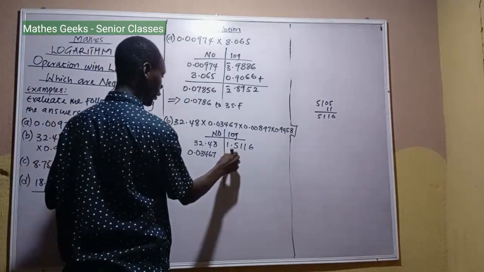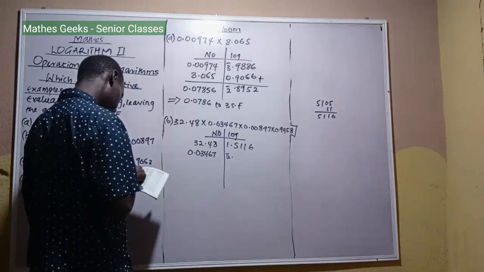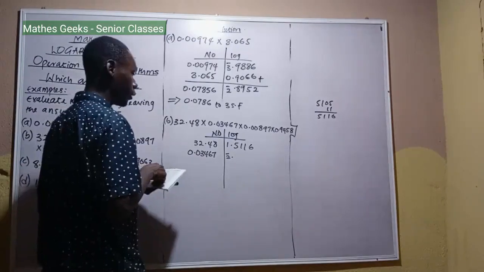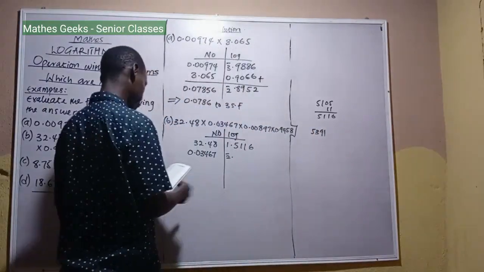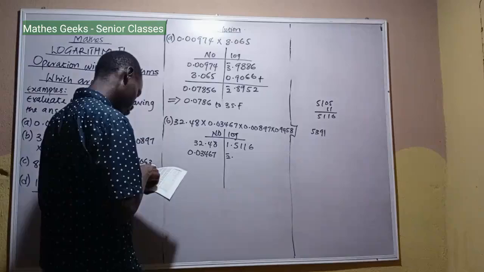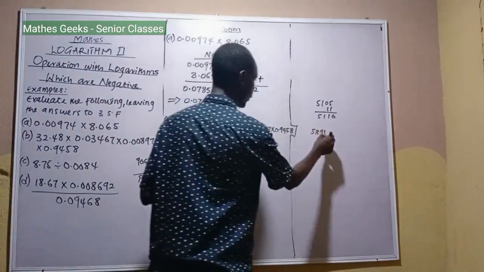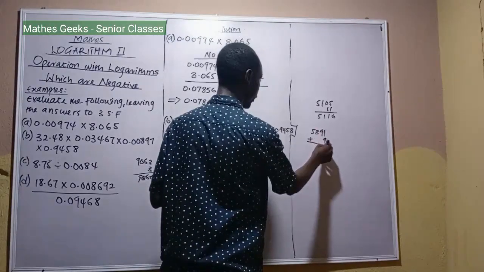0.03467. About 3 decimal points. 34 under 6 is 5391. Difference 7. Difference 7 is 9. 1 plus 9 is 10. Carry 1. 1 plus 9, 10.